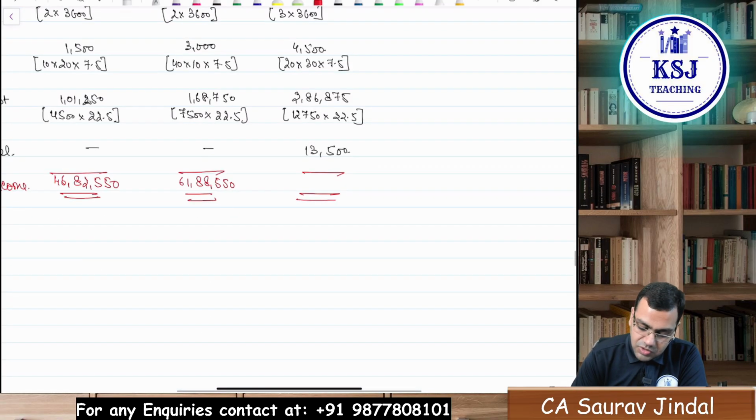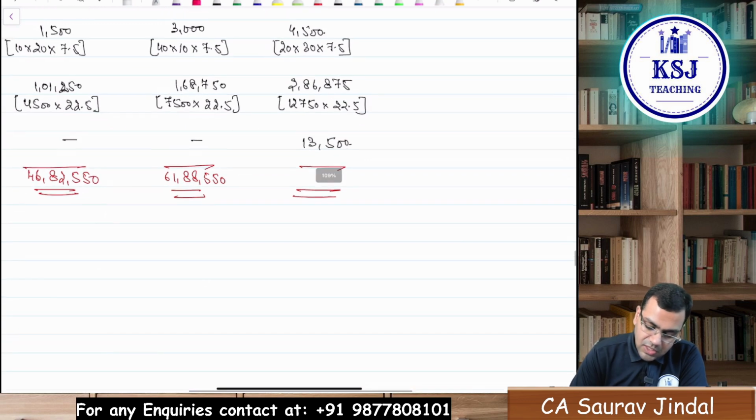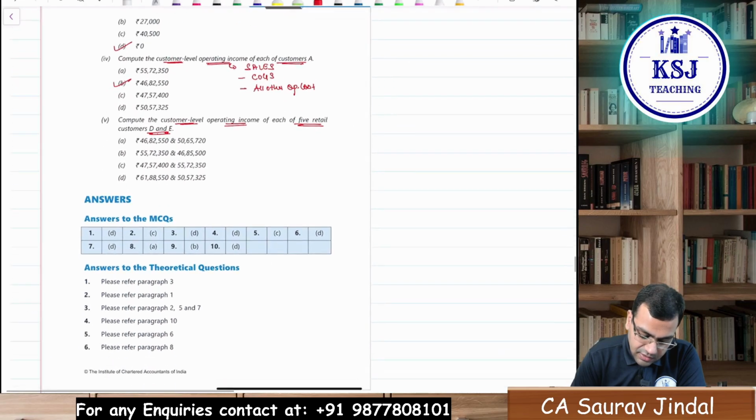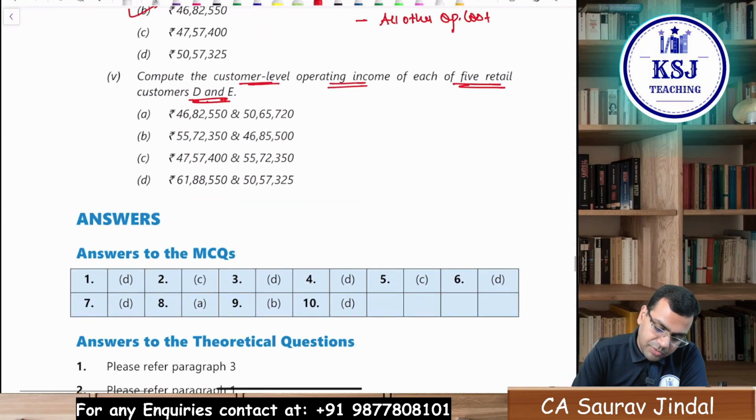So that comes to 50 lakh 57,325. Right, now let's see the answer here. Yes, option number D.